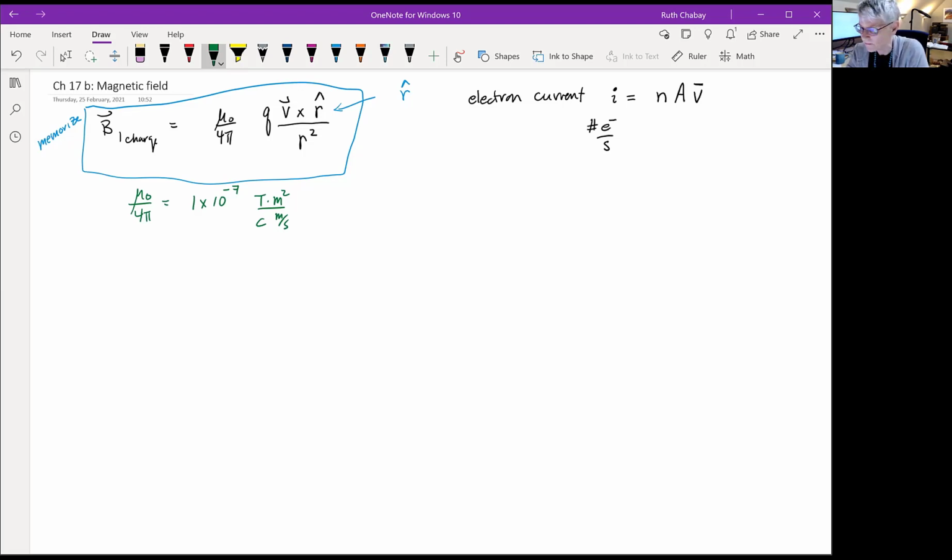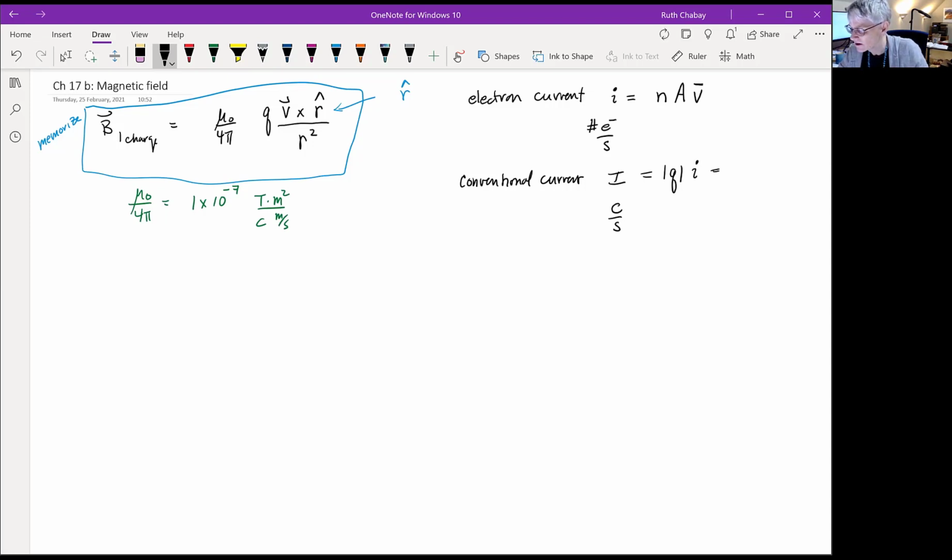You may, but and then we also talked about conventional current, which has units of coulombs per second, and is just the absolute value of the charge of the mobile charge times the electron current.